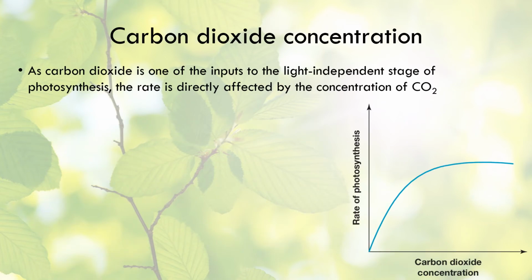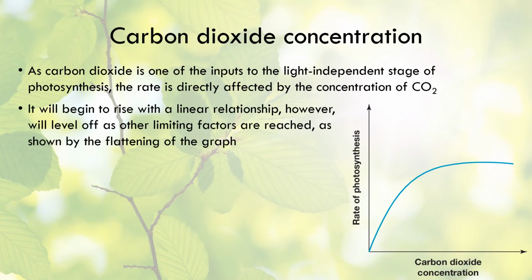Our carbon dioxide concentration. As carbon dioxide is one of those inputs to the light independent stage, it's obviously the rate of photosynthesis is going to be affected by the concentration of our input of CO2. It will begin to rise with that linear relationship. So at the start here, as our carbon dioxide concentration increases, so does our rate of photosynthesis in a linear relationship.